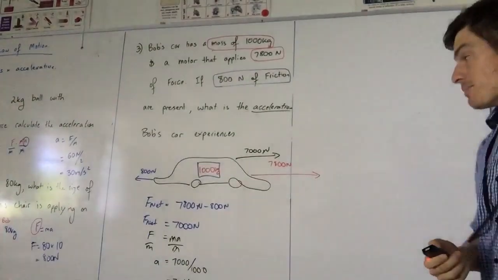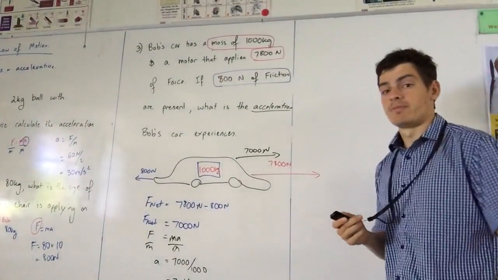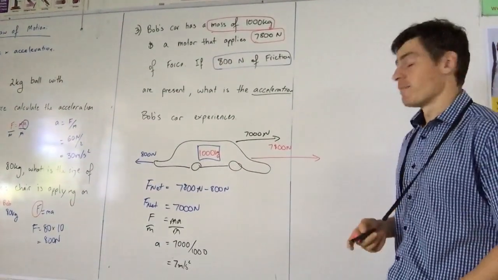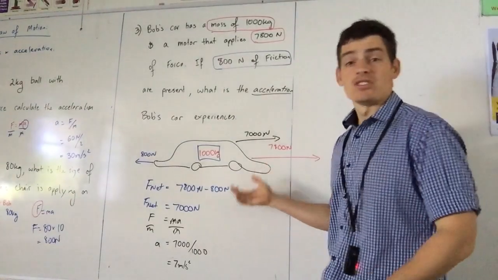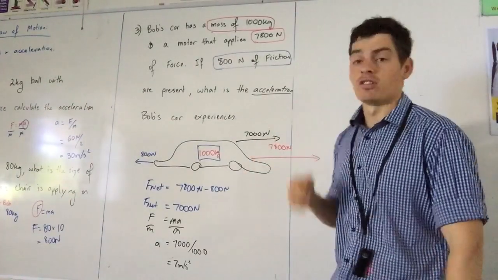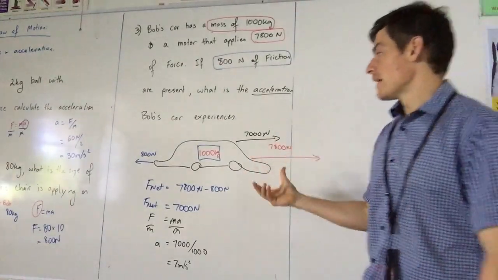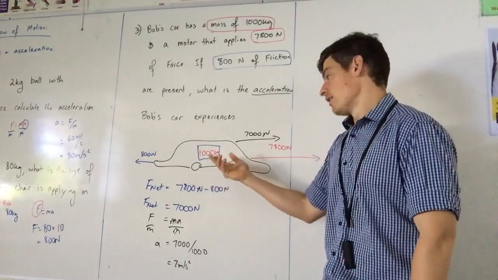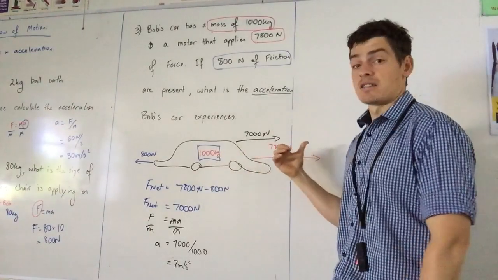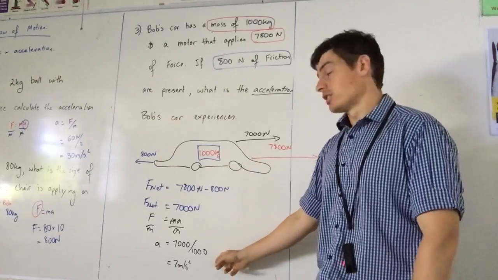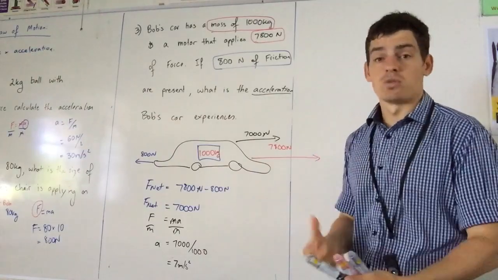I've made some assumptions in solving this problem. One of the assumptions is that Bob is not in the car, and that's a pretty wild assumption. But I don't know Bob's mass, and Bob's mass is obviously going to affect the mass of the car. It'll affect the acceleration, and it might even affect the friction, as we'll learn later on.